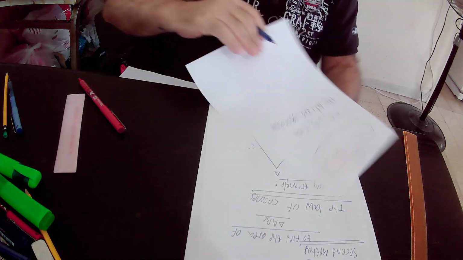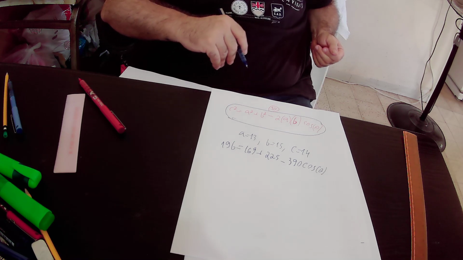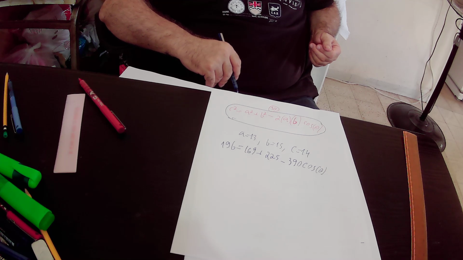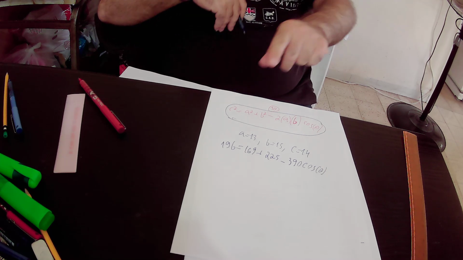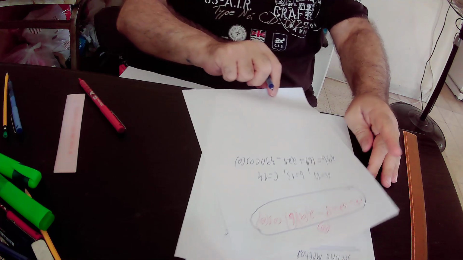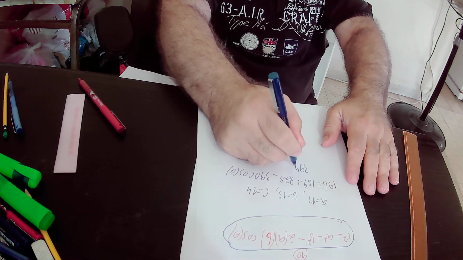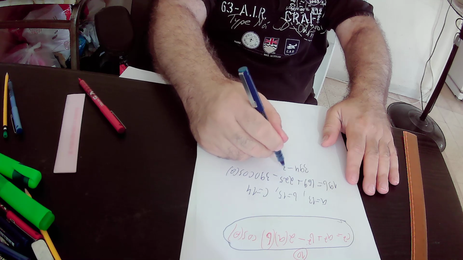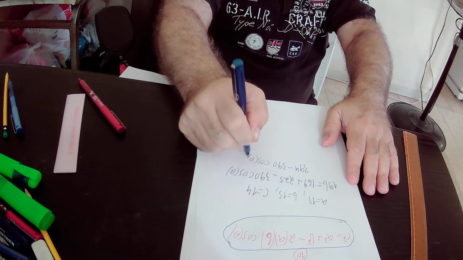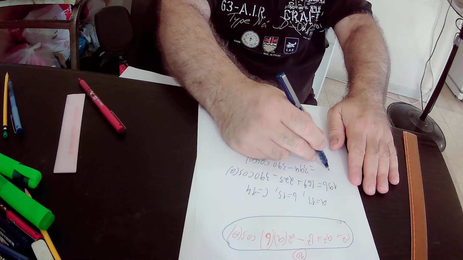So in total we got that 196 equals 169 plus 225 minus 390 cosine theta. So 169 plus 225 equals 394, minus 390 cosine theta. That equals 196.